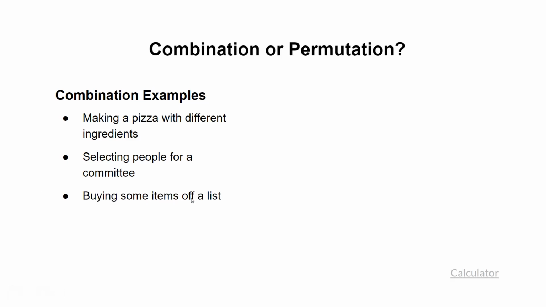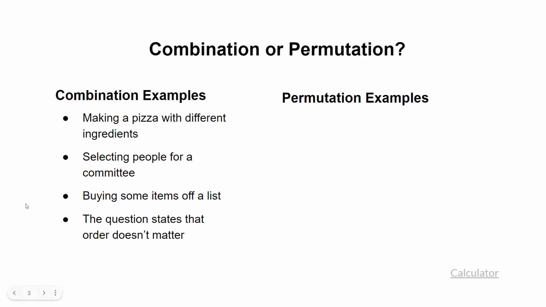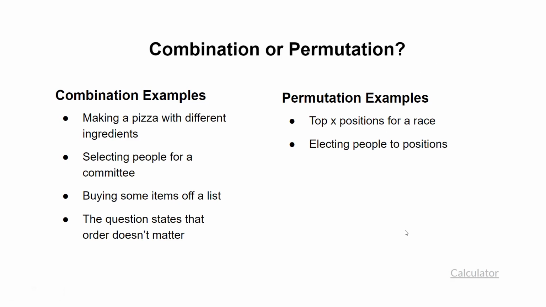Buying some items off of a list. When you come home from the store and you bought 5 out of the 10 items on your list, you don't care which order you bought them in. You just have those 5 items. And sometimes the question will actually state that order doesn't matter. That makes it easy. Permutation examples: the top X positions for the race, the top 2 positions, the top 5 positions.